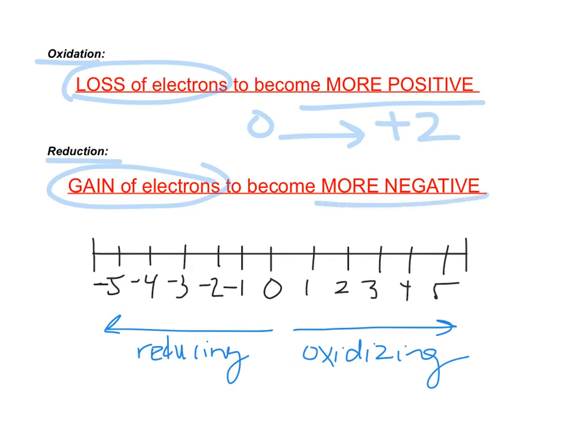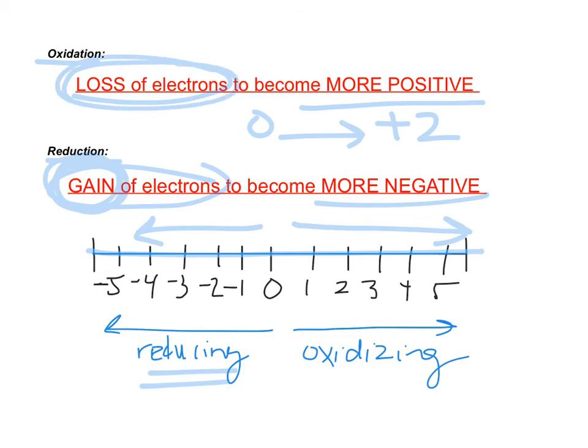So sometimes it's helpful to view it like a number scale. And so when you see a number going down, that kind of makes sense that it's being reduced. But remember, the why that it's being reduced is because it's gaining more negative electrons. And then if you see a charge before and after and it looks like it's got more positive, it's because it's actually lost electrons, and that's called oxidation.